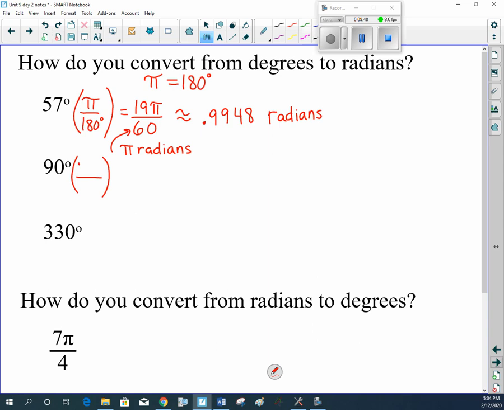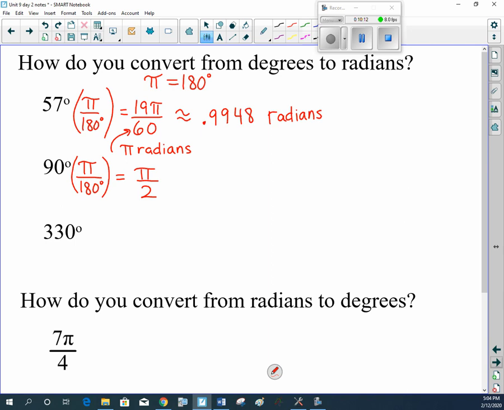I want radians, so I'm going to put pi in the numerator, 180 degrees in the denominator. That way my degree symbols cross out. Then I just reduce the fraction 90 over 180 if I want to leave it in terms of pi. So 90 over 180 reduces to 1/2, and I would just leave the answer as pi over 2.